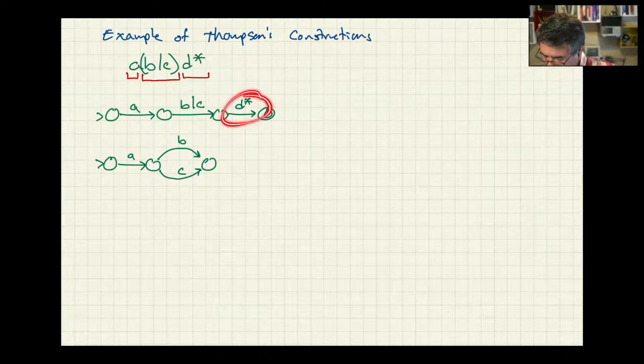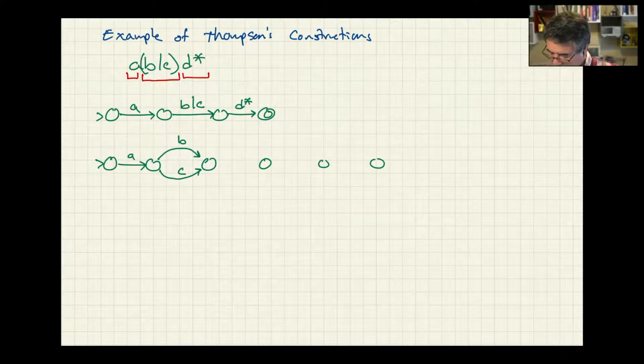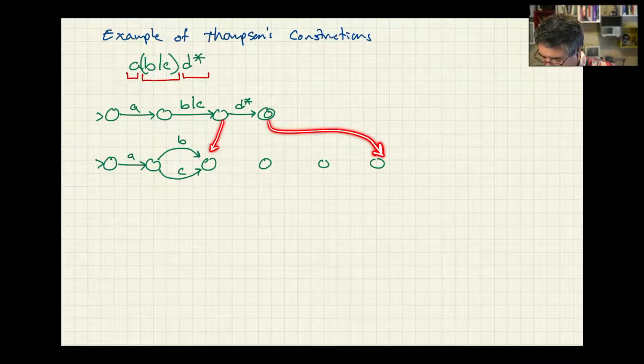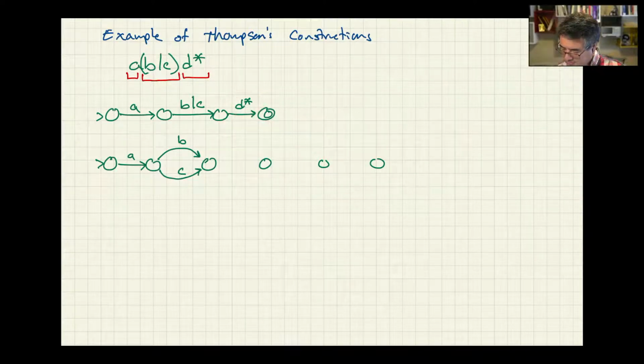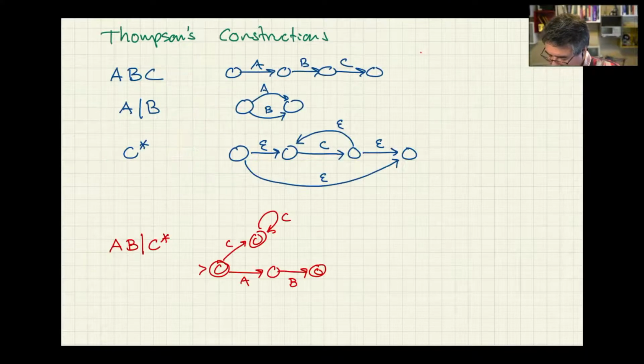Okay, and now we've got the D star, so that's going to turn into that UFO. This piece right here, these two states went over here, and then this D star is filling in this whole section over here. So you look over here, and here's how you do it. You've got an epsilon on both sides. You've got one that skips over everything, and then one epsilon that loops back in the middle.